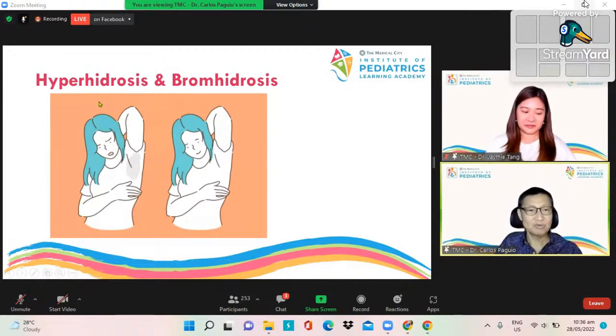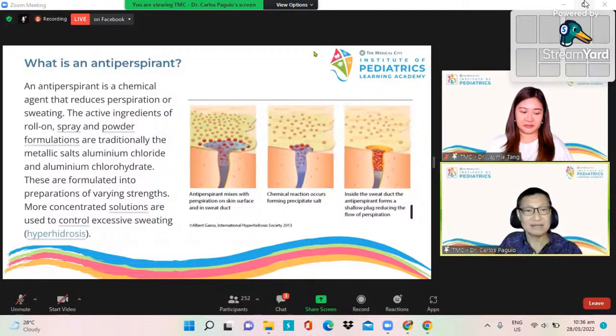Now, what else can we do about hyperhidrosis? Well, there's antiperspirants. So let's take a look at that. What are these antiperspirant things? Antiperspirants are chemical agents that reduce perspiration or sweating. And they have active ingredients in the form of what? Roll-ons, merong sprays, merong powder, formulations.